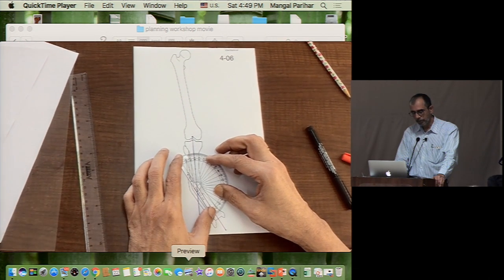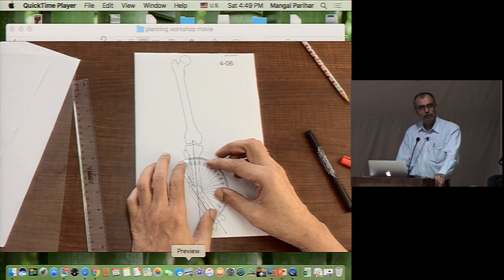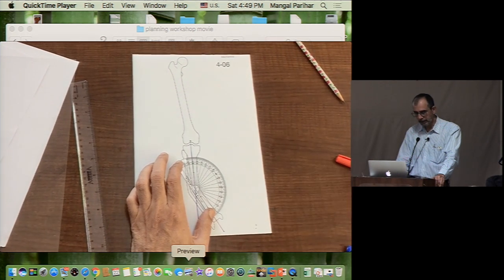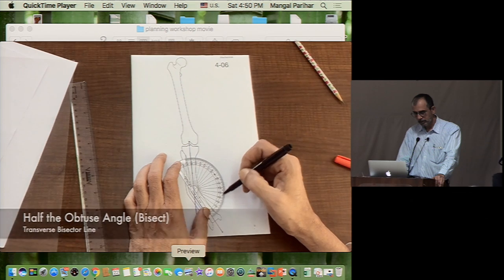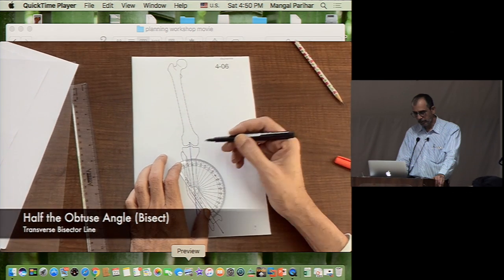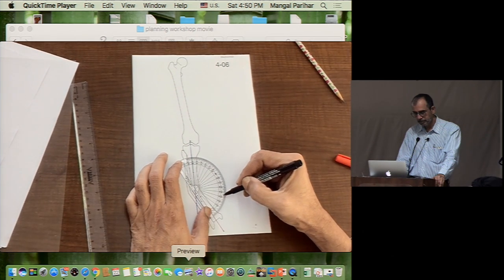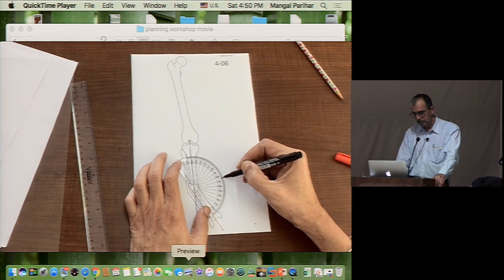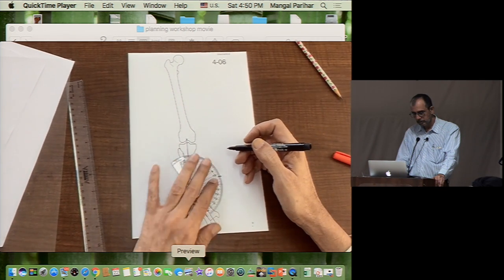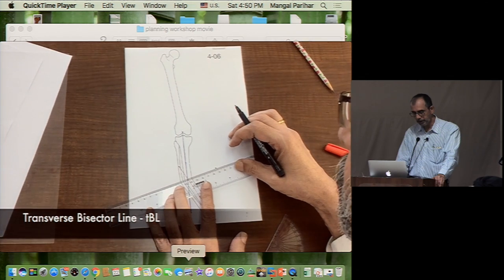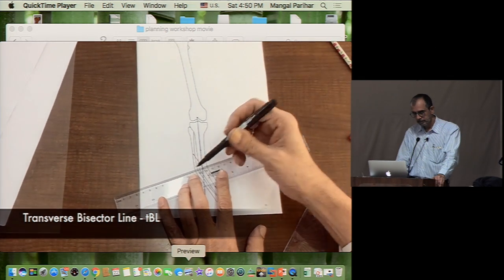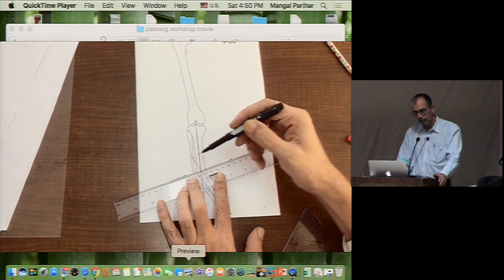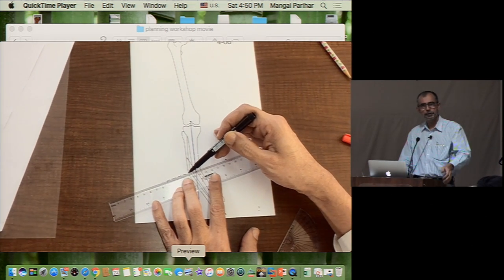So we draw the bisector line. That was, I think, about 150 or so. So we are bisecting that. And then draw the transverse line from the convex to the concave side.